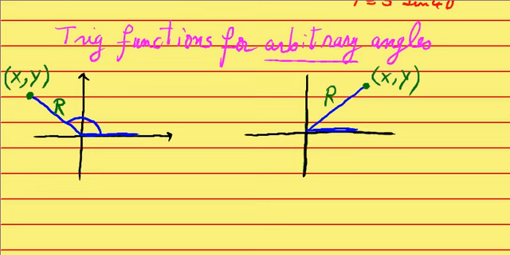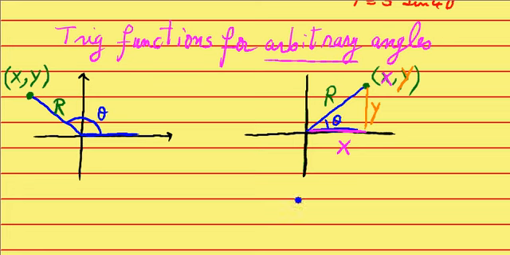Now let's remember what is x and what is y. X is this. So here's the x. Who's the y? Y is this one. And who's our angle? The angle in both cases, here's angle, say theta.